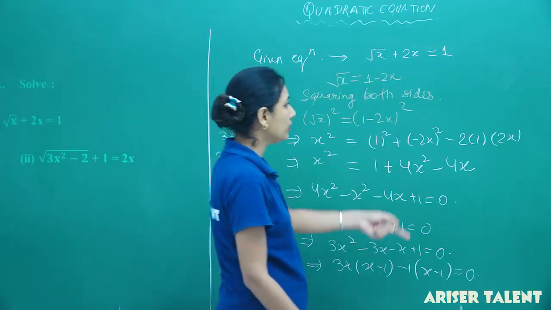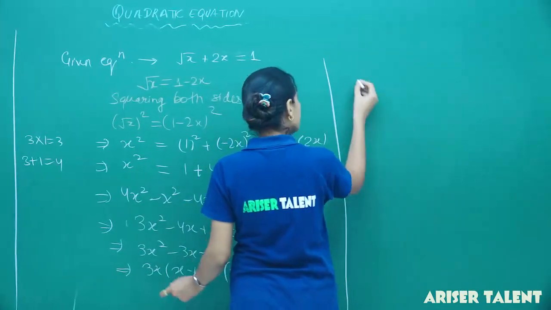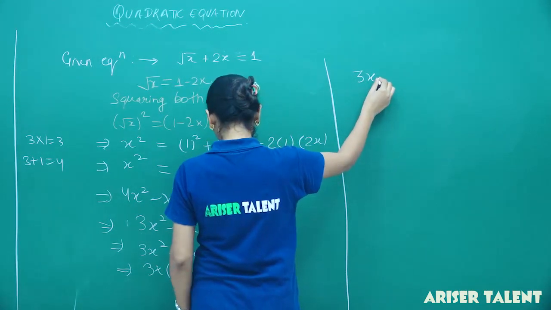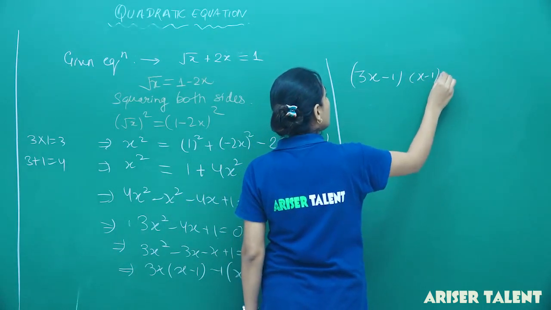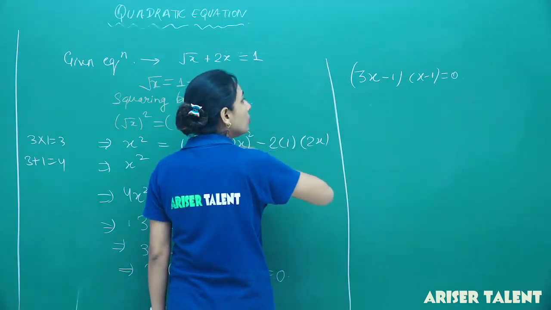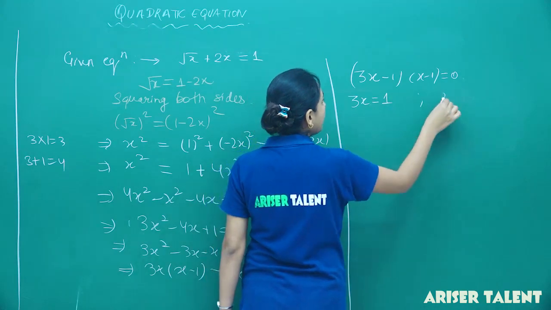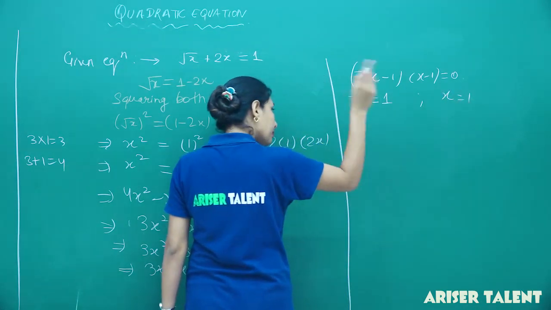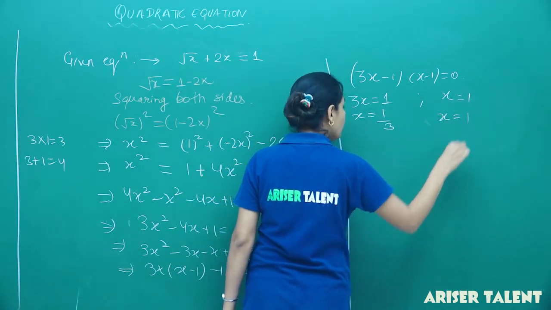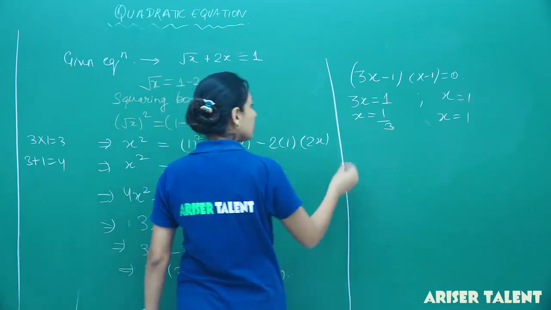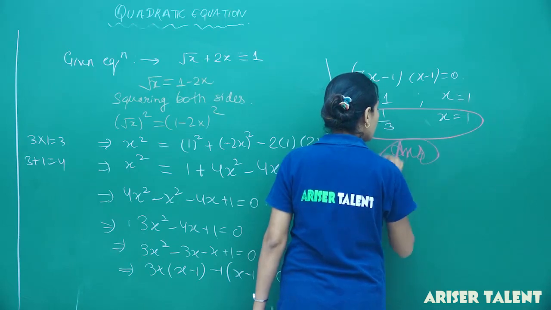So 3x minus 1 and x minus 1 equals to 0. So it will become 3x equals to 1 and x equals to plus 1. Now x equals to 1 by 3 and x equals to 1. So these are what? The roots of the given equation. This is your answer.